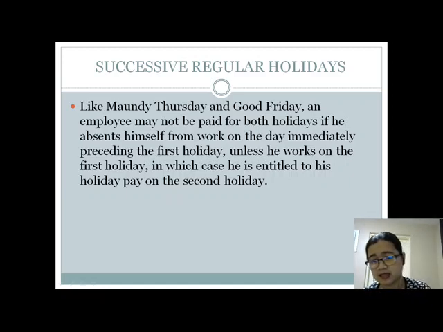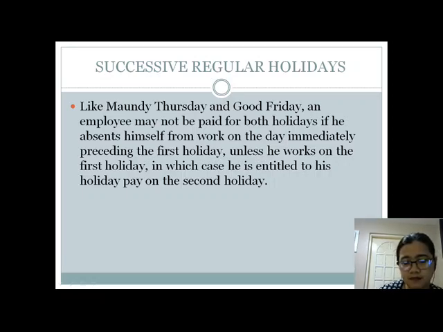If the employee is absent on Wednesday without pay, then the employee will not be paid on the Thursday holiday, unless he works on Maundy Thursday. So the employee will be paid on Thursday for working on that particular day with premium, of course. But if he has no work on Friday, then he will be paid for that particular holiday on Good Friday.